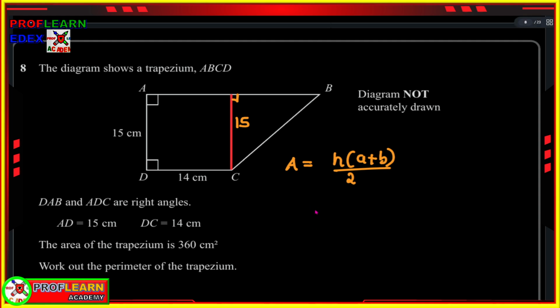So we can let this be X, and here we have 14. Up to here is 14, this part is X. So 360 is equal to the height, 15, into a, the shorter side, 14, plus the longer side.